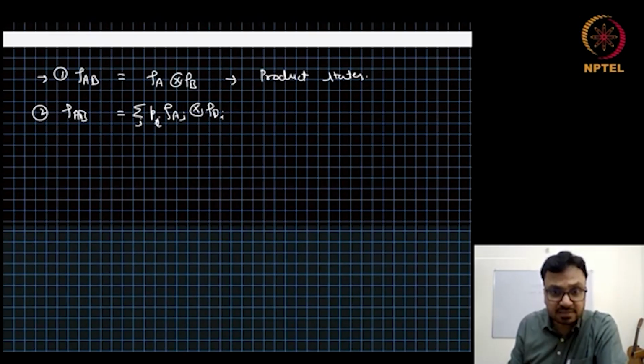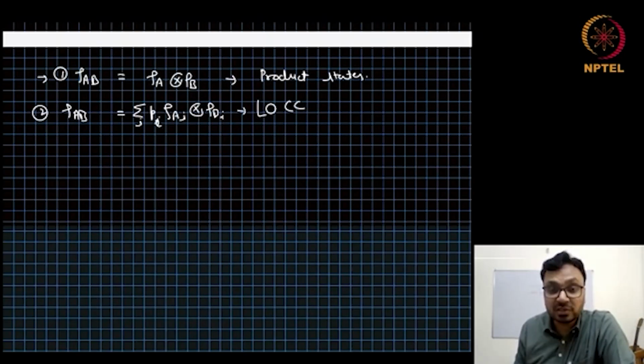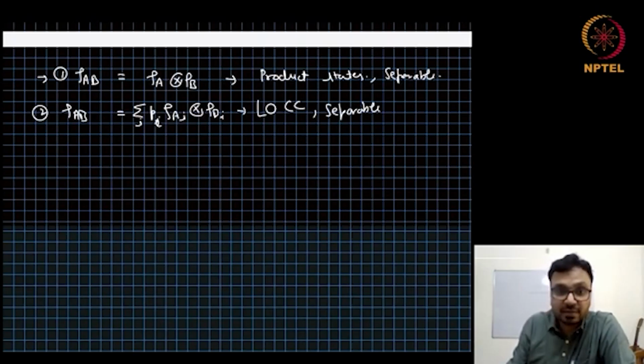This preparation uses local operations and classical communication, and hence it does not require any quantum correlation or entanglement. So this is called separable. Case 1, when p_1 is 1 and all others are 0, is a special case, the product state. We can call both of them separable states.